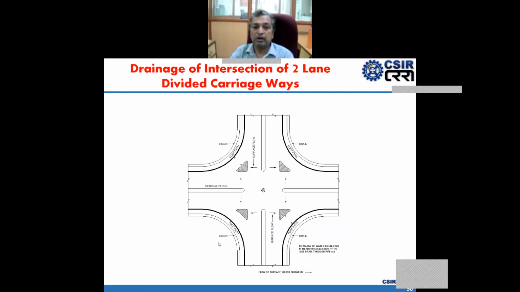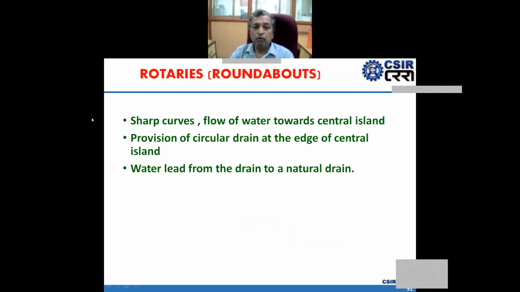So this is the drainage at intersection for two-lane divided carriageway. This is the drain provided at the intersection. On roundabouts, or we can say rotary, sharp curves, flow of water towards central island.